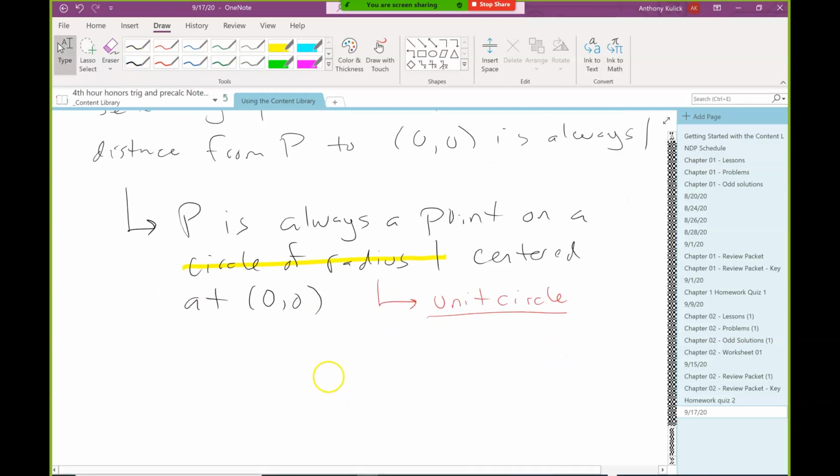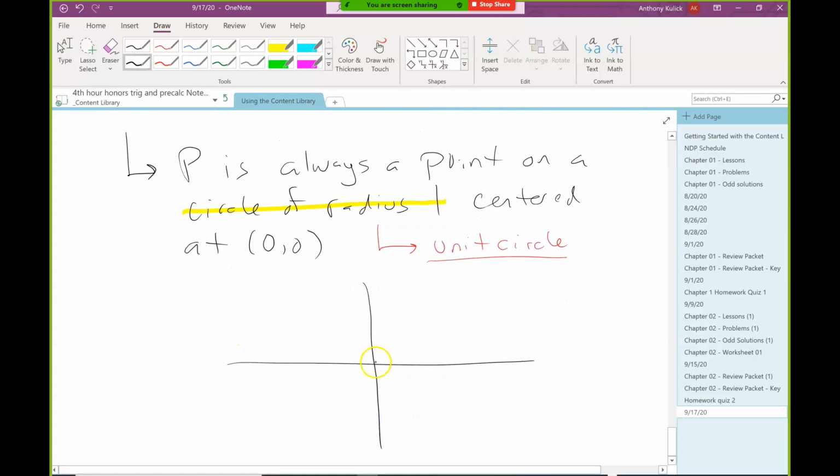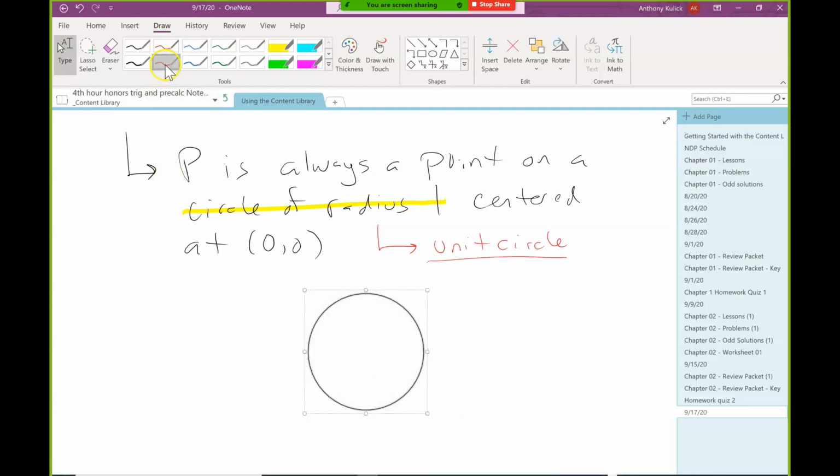So if we do that, then our definition of theta, let's redraw the picture before we do that. Actually, let's use this. That's fine.